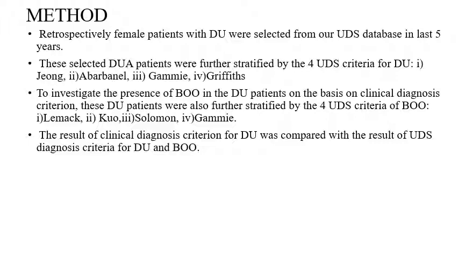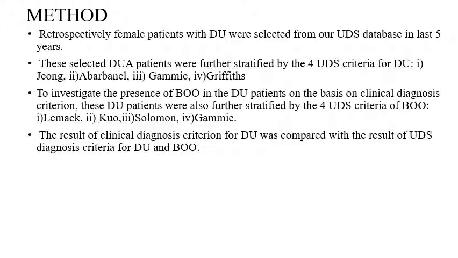Retrospectively, female patients with DU were selected from our UDS database over the last 5 years. The patients with DU were selected by the non-UDS criteria as mentioned. These selected DU patients were further stratified according to the 4 UDS criteria for DU: John, Abarbanel, Yami, and Griffiths.